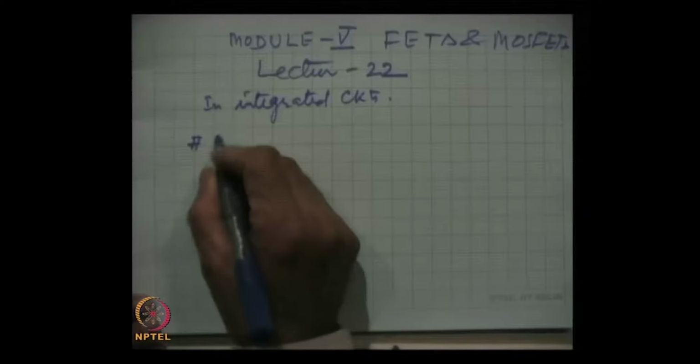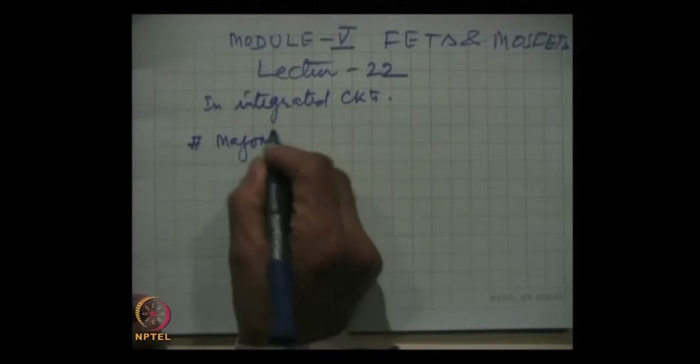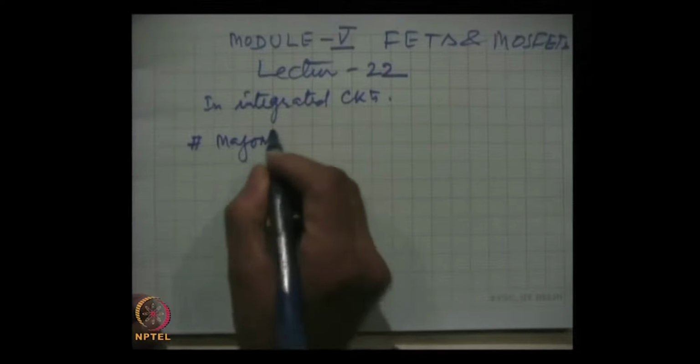Some differences I can specify right now: the field effect transistor is a majority carrier device.